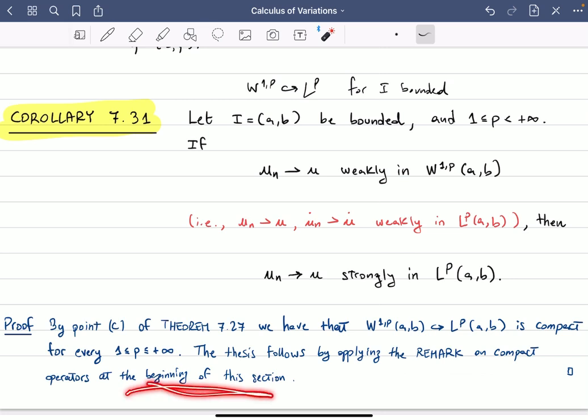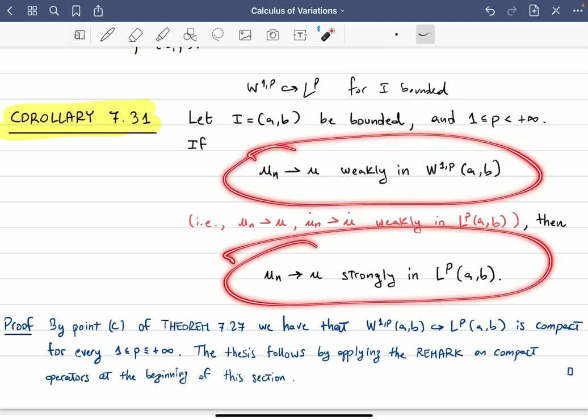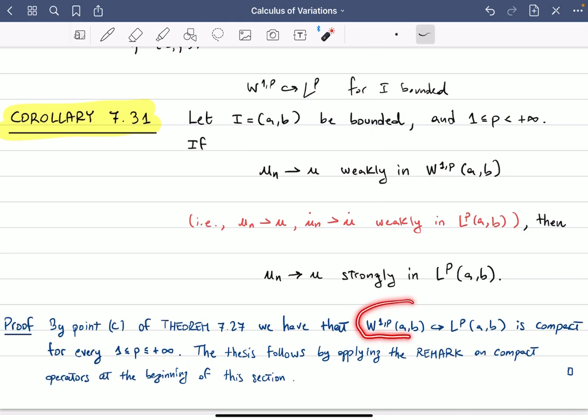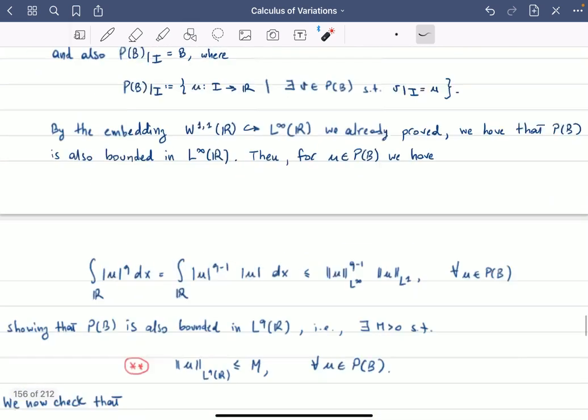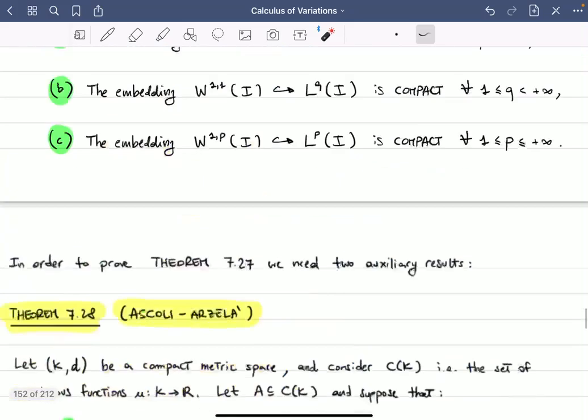So I was saying at the beginning that a compact operator sends weakly convergent sequences into strongly convergent sequences. And so since this is compact, this is telling you that if you take something which is weakly convergent here, then it is strongly convergent here. Of course this argument applies to all the other compact embeddings, at least, that we proved.